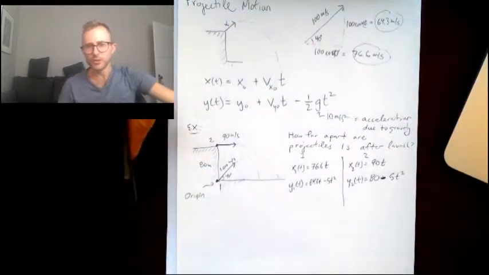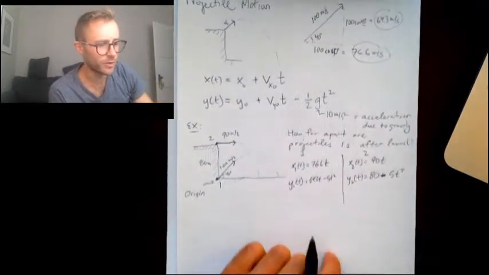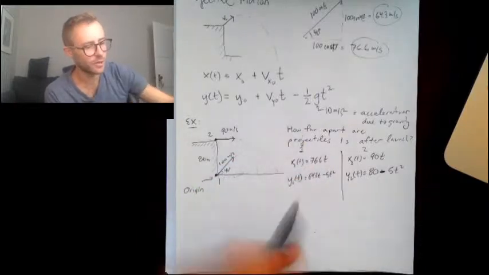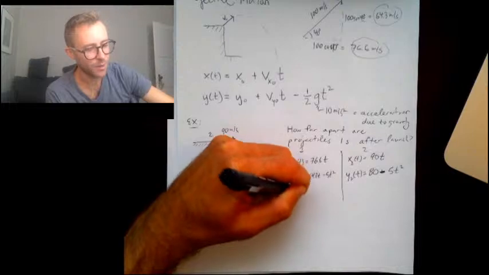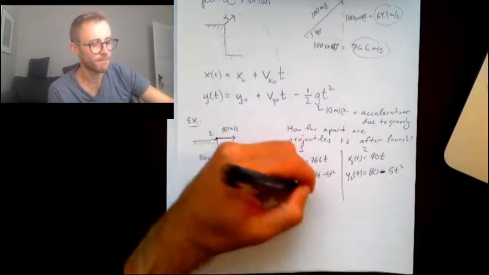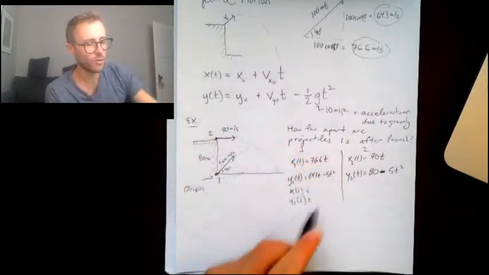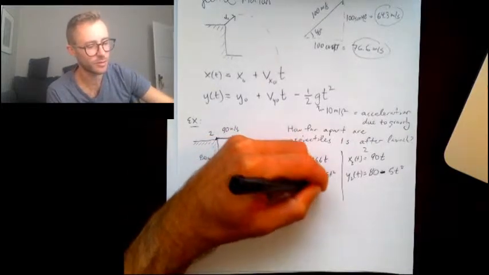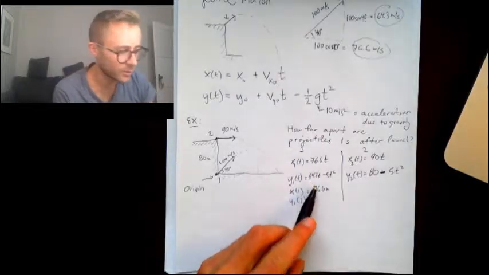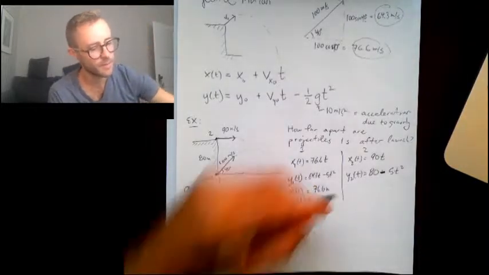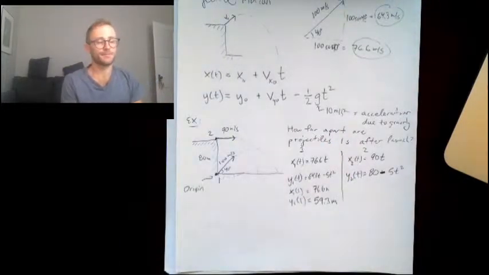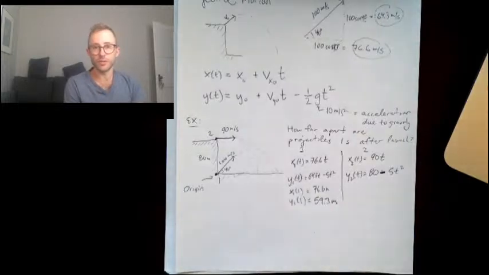All right, so now we want to know how far apart they are after 1 second. So I need to figure out what is x1 at 1 second, what is y1 at 1 second. Okay, so if I plug in 1 for time, I get 76.6 meters, and I get, what's that going to be, 59.3 for the first projectile.